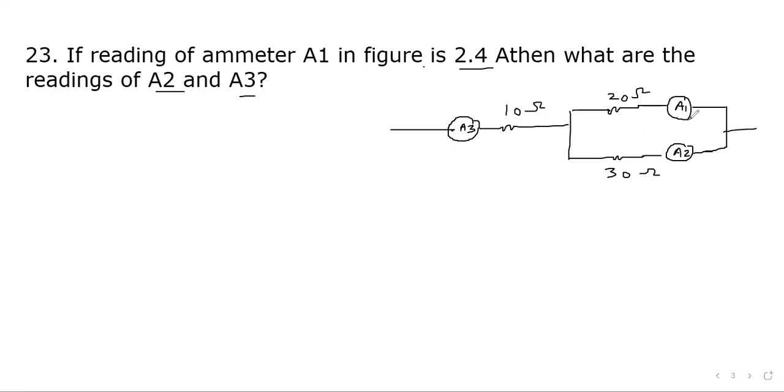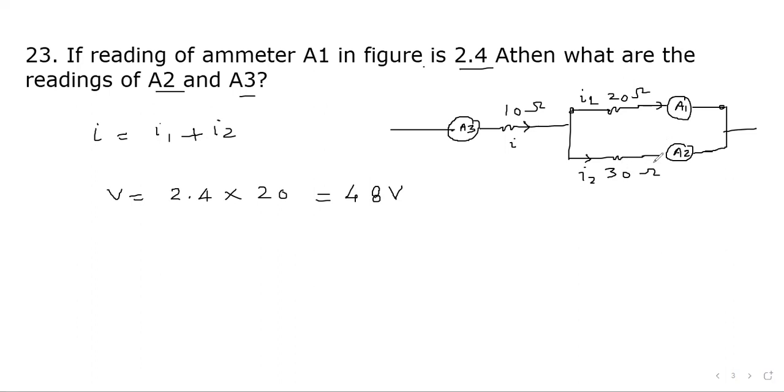In our question, the reading of A1 is given. So suppose current through this branch is I1 and through this branch is I2 and here it is I. So I will be the sum of I1 plus I2. So here we find the potential difference across this 20 ohm resistor. So V equal to IR. So I1 is 2.4 ampere times resistance 20 ohm. So this will give 48 volt.